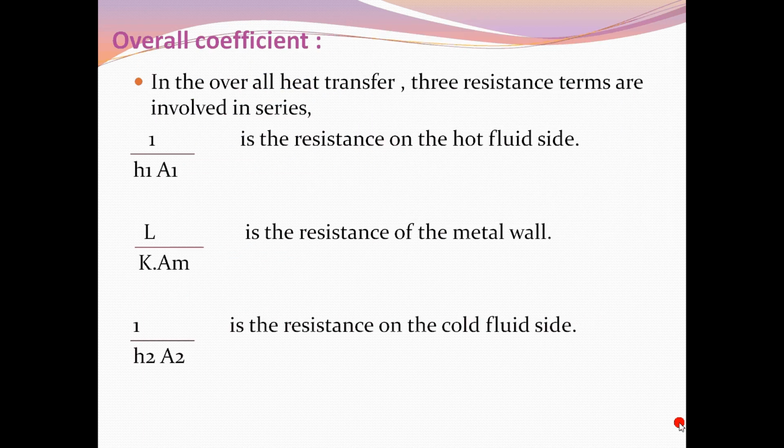For the determination of the overall heat transfer coefficient, we get three resistance terms in series. Firstly, 1 upon H1 into A1 is the resistance on the hot fluid side. Then L divided by K into Am is the resistance of the metal wall, and 1 upon H2 into A2 is the resistance for the cold fluid side.